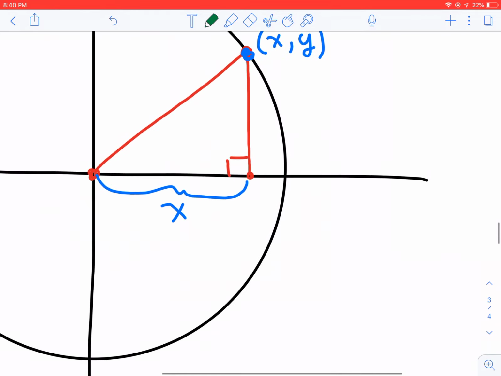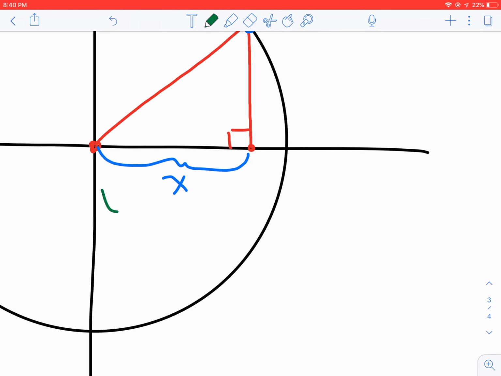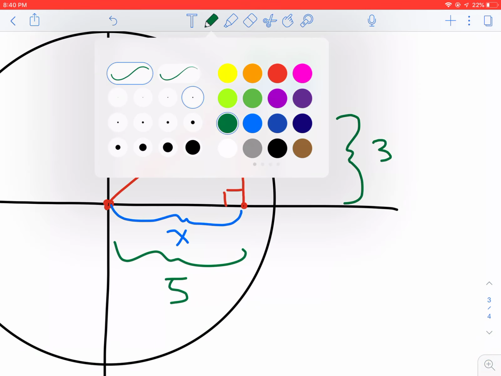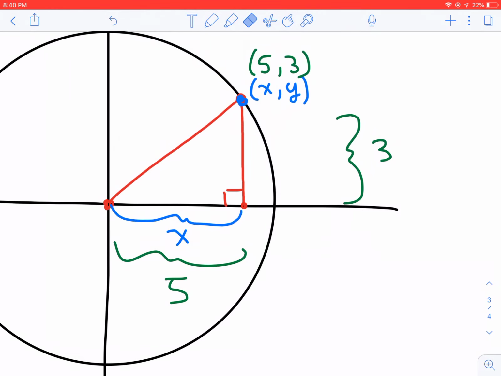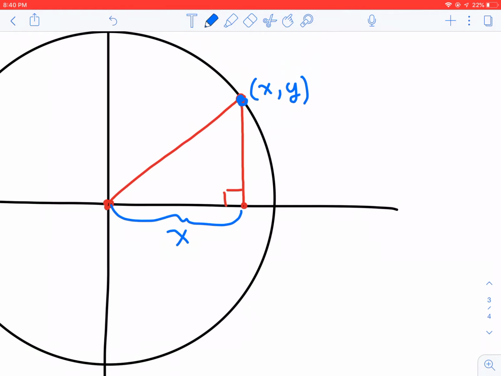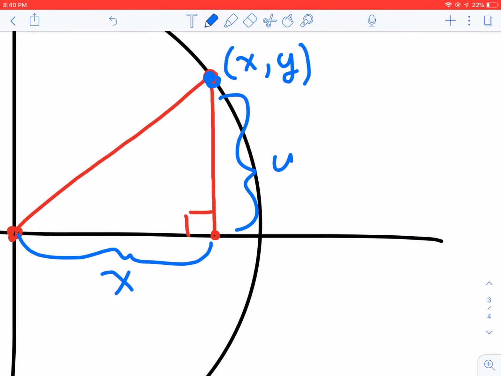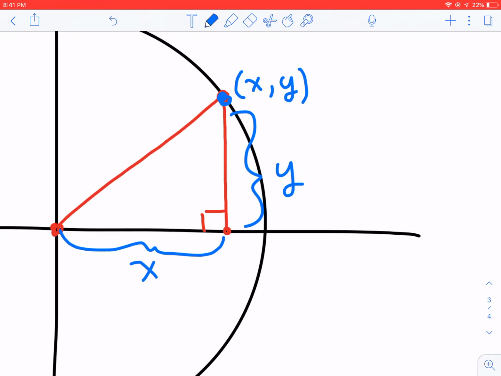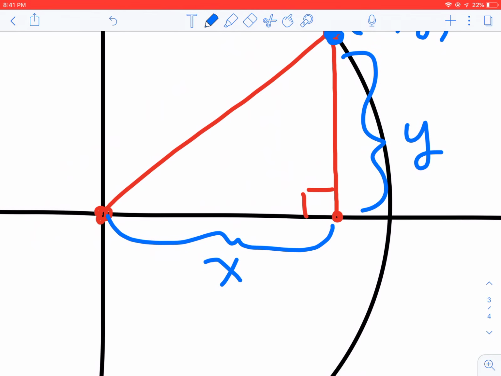If that's 5 comma 3, wouldn't you agree that this length here then would be 5? And that length there would be 3. So if it's an arbitrary point, like x comma y, well, that length will be x, and this length here is going to be y. All right? So let's call this angle here now theta.